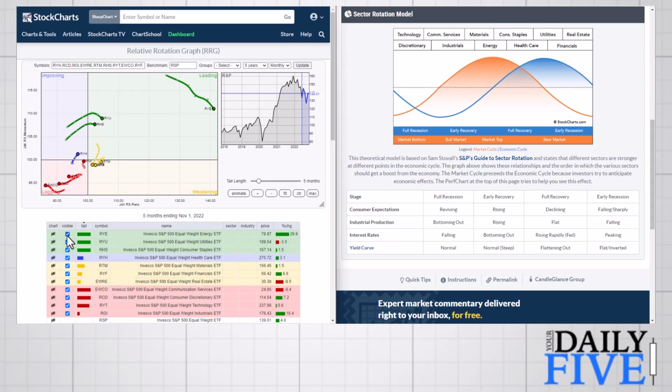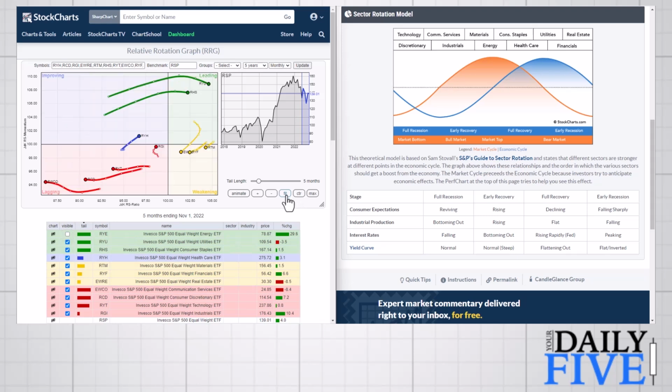And if I take this one out of the equation here and I concentrate on the defensive sectors, then you have utilities that is moving further into the leading quadrant, losing a bit of relative strength, but still at very high levels. You got the consumer staples sector, which is right here. So we've got utilities, we've got staples.